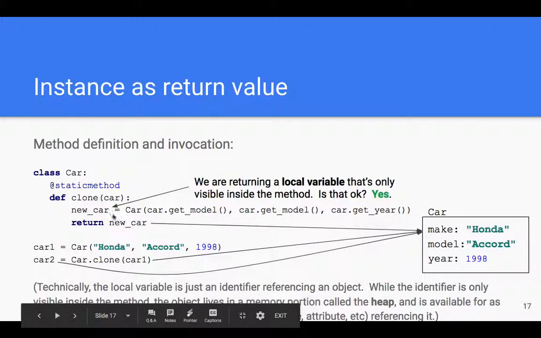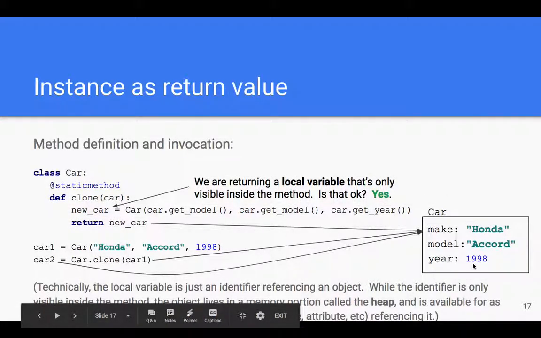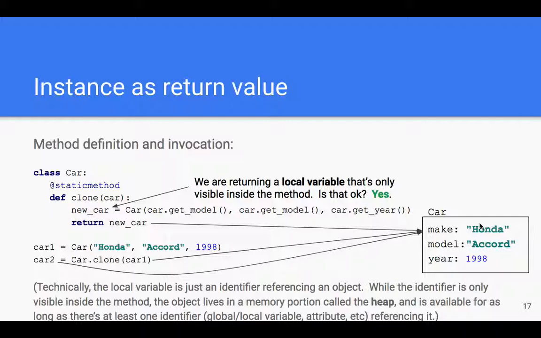So while the name might be gone once the method returns, the object stays around because there's another name referencing it. This is how it works at a high level. Don't worry about the term heap just yet, but for those of you who have studied computer architecture, this should sound very familiar.